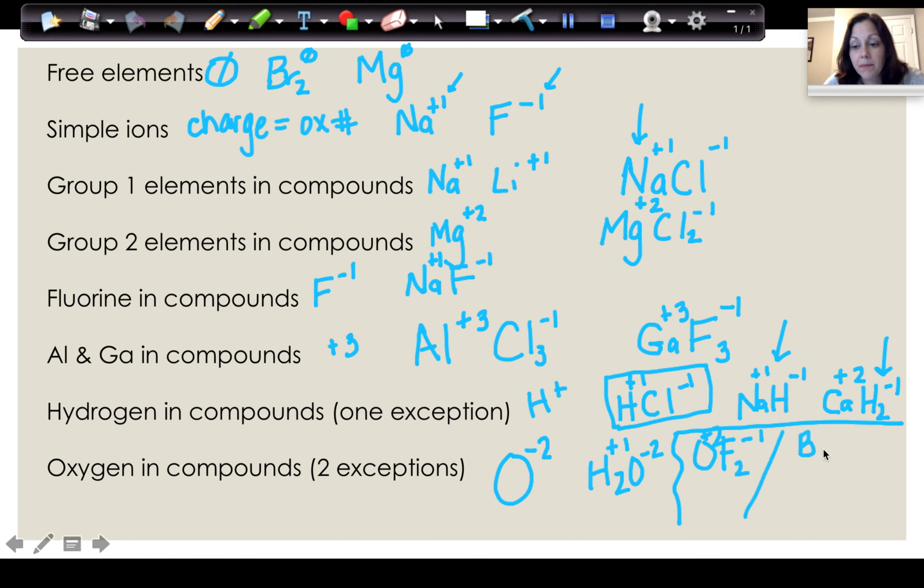In BaO2 and H2O2, oxygen is -1. These are called peroxides. So OF2 and peroxides are the times when oxygen is not -2, but otherwise oxygen in a compound is going to have -2 as its oxidation state.